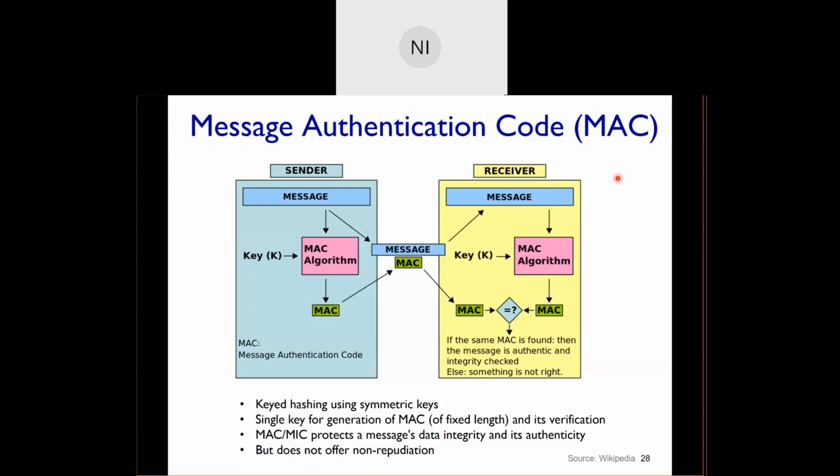Alice is saying that this is the message that I sent with this particular MAC, and Bob is saying that no, this is the message sent by Alice, and this is the MAC. Who is right and who is wrong? Nobody can prove who is trying to cheat here, because both of them have the same secret key. So that is the problem here.